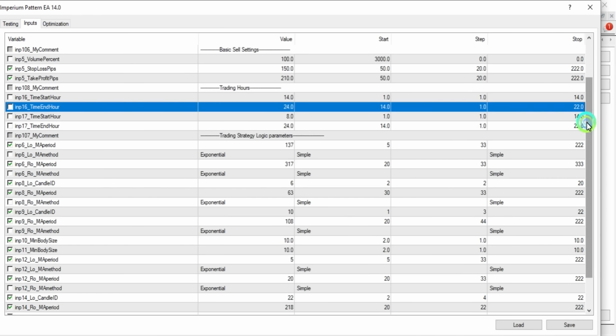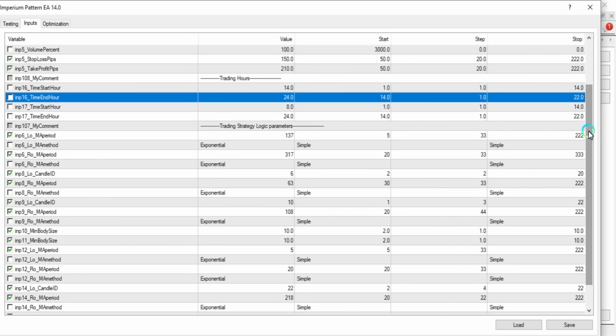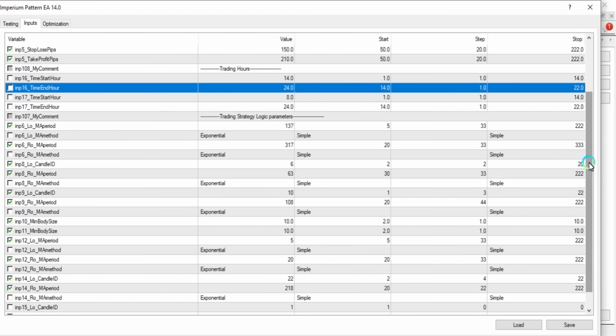It is pretty simple, but it is very, very effective because you can filter out what are the best hours to open trades with this EA when you are optimizing it or you are just trying it out.